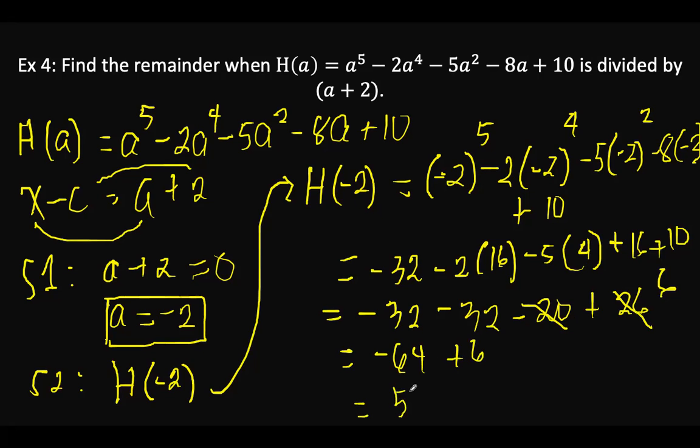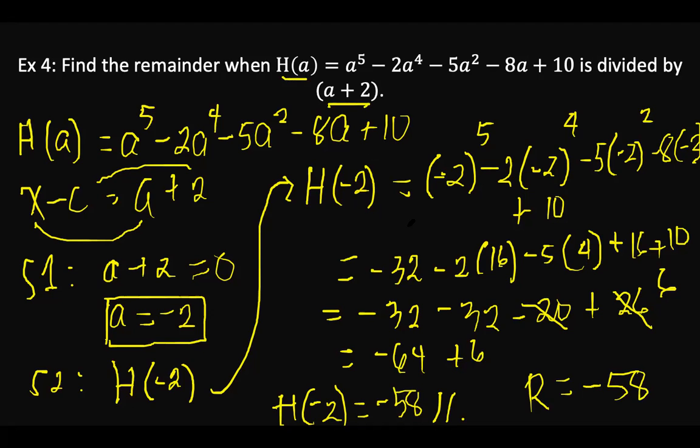This is negative 58. Okay, correct? So we have h of negative 2 is equal to negative 58. So therefore, our remainder is negative 58 when h of a is divided by a plus 2. All right? And I hope we got the same answer. So our final answer is, r is equal to negative 58.